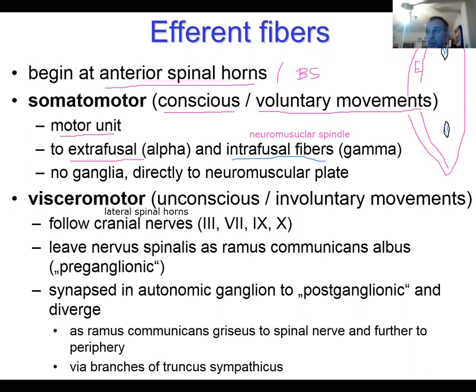So these receptors then receive fibers from so-called gamma motor neurons, and the extrafusal, that means all the muscle fibers of the muscle, receives information from so-called alpha motor neurons. These alpha and gamma motor neurons are found in the same areas of the anterior spinal horn. They are close to each other.